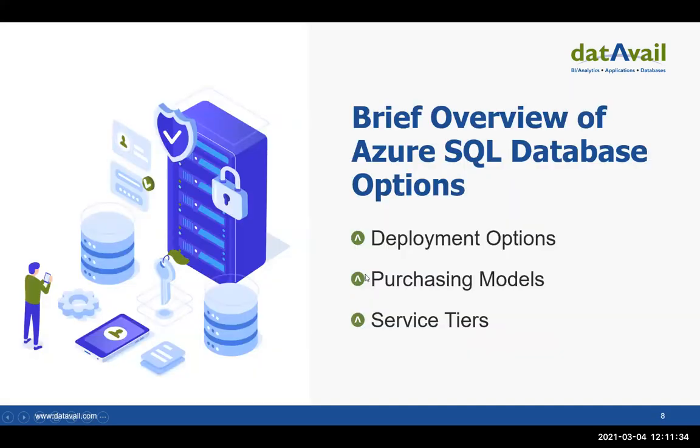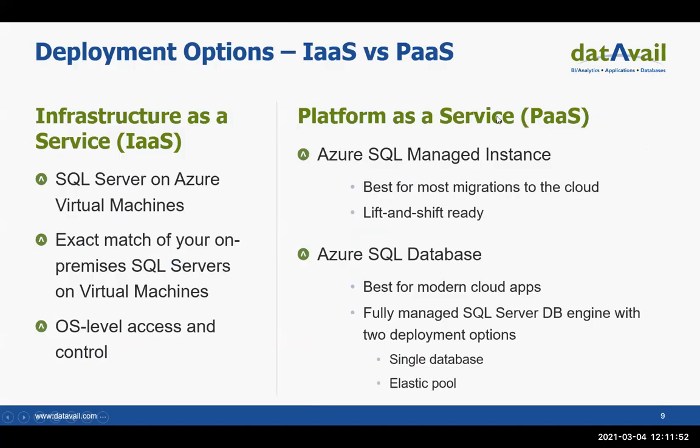We will now go over a high-level overview of Azure SQL Database options that you need to know before getting started with your migration. They include deployment options, purchasing models, and service tiers. Let's start with the deployment options and first differentiate IaaS versus PaaS in Azure.